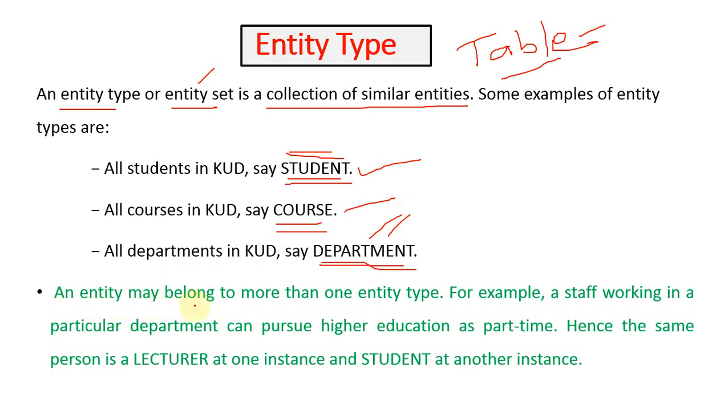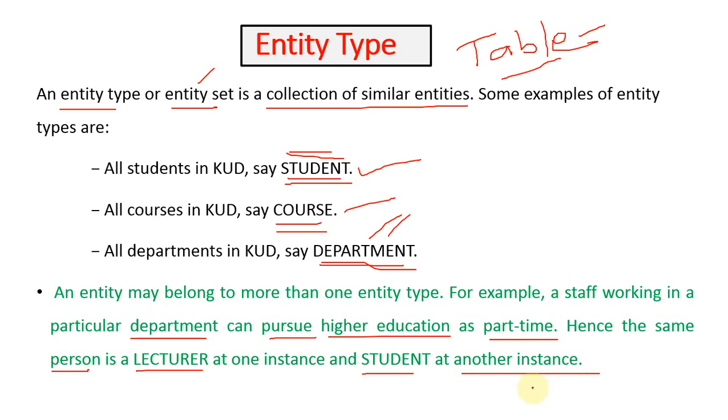An entity may belong to more than one entity type. An entity, the previous thing, an object, may be associated with more than one entity type. For example, a staff member working in a particular department can pursue higher education part-time. Hence, the same person is a lecturer in a college and at the same time is a student in another institution.